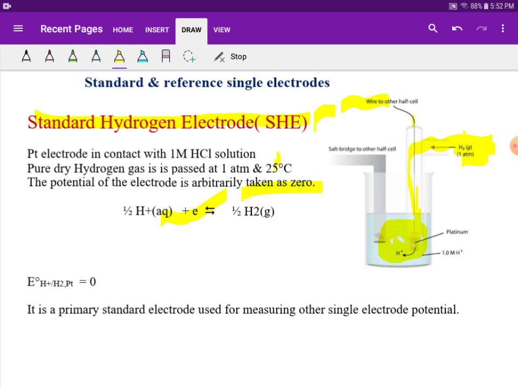The hydrogen gas electrode is a single electrode which is reversible with respect to H plus ion. And for SHE, the H plus ion is of 1 molar concentration and its E0 is 0. So it is the only primary standard electrode used for measuring other single electrode potentials.